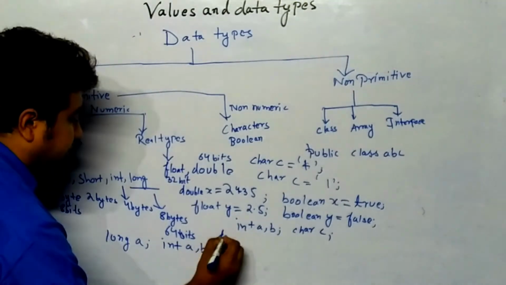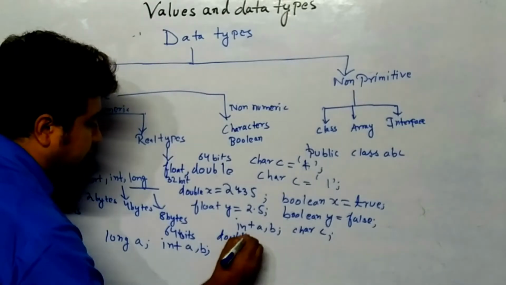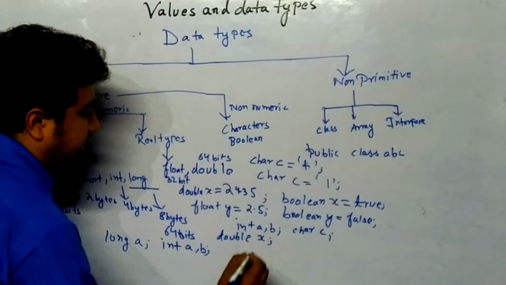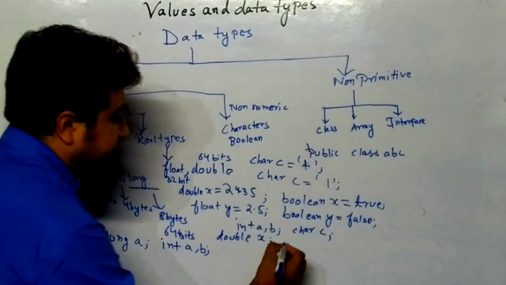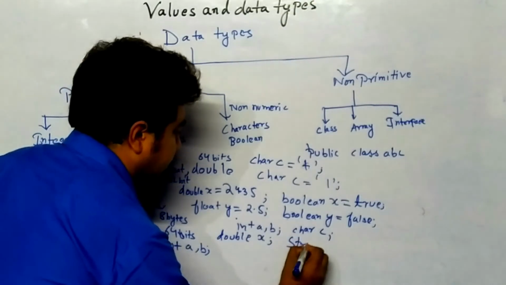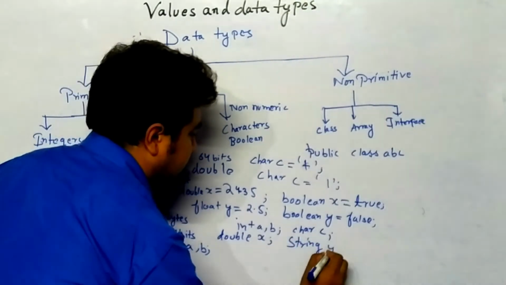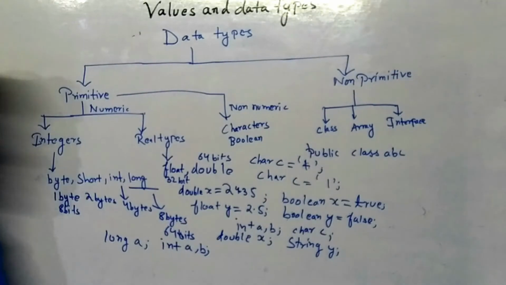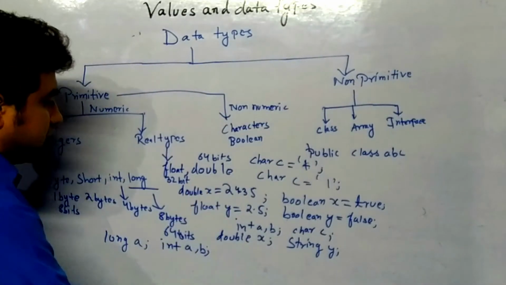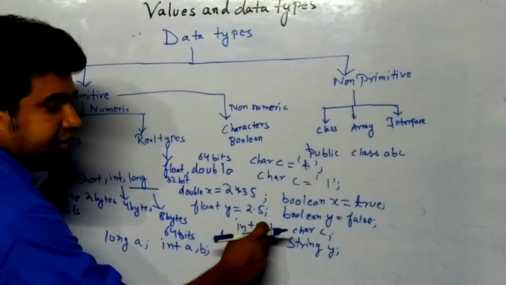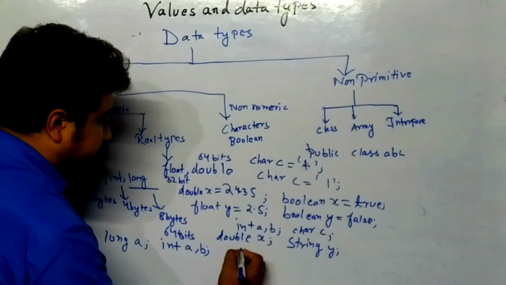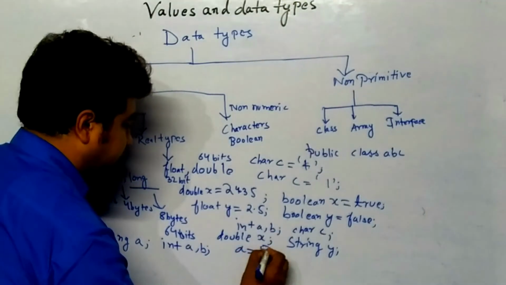If you want to declare a double type of variable, double x, a string type of variable, string y. Now assignment like this you can do. In this step also, if you have declared a and b, then you have to just write here a is equal to 5.